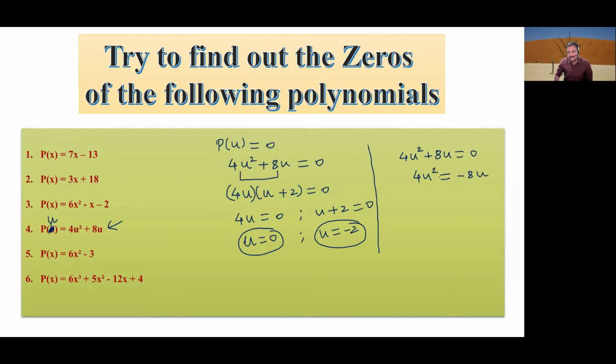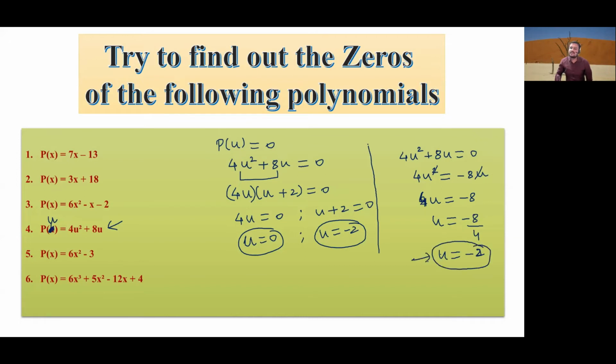Yes or no? Then we cancel one u each from LHS and RHS. So what we are going to get, 4u is equal to minus 8. So what will be the value of u? It will be minus 8 upon 4. So u will be equal to minus 2.